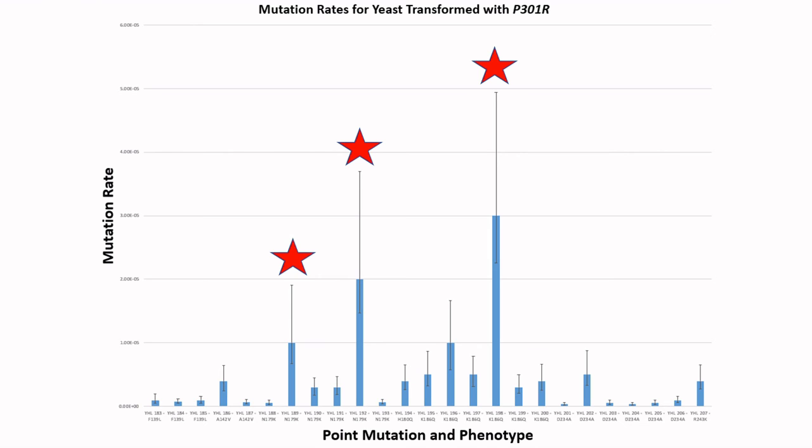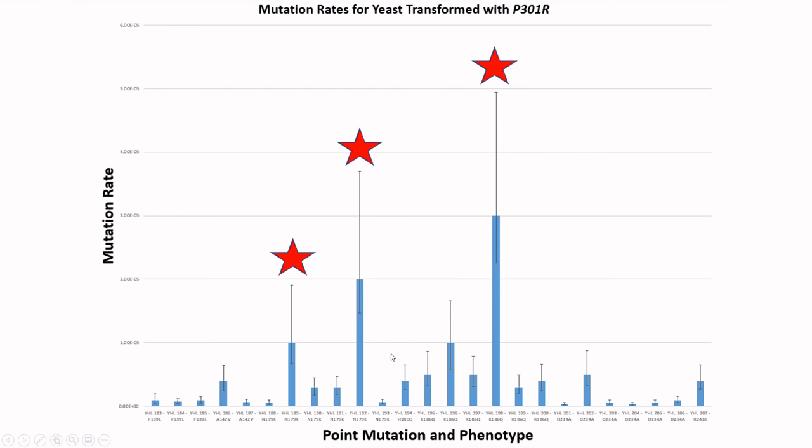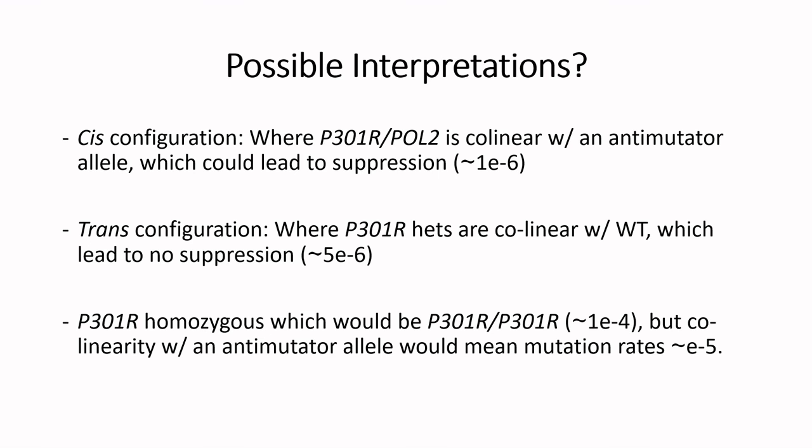And so our interpretation of that is that if they're in the cis configuration where we have P301R and a wild type, they might be collinear with an anti-mutator allele, which could lead to suppression. So we see that in some of these guys, for instance. However, we could also see cases where we have trans configurations where P301R hets are collinear with wild type, which means we probably have no suppression.